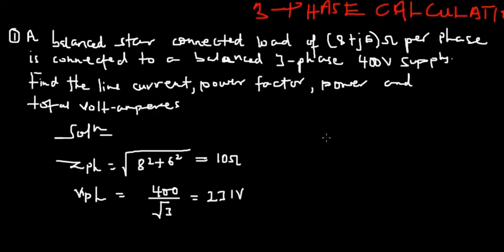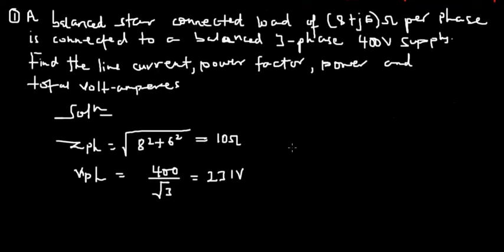Now for star connections, we know that V is equal to IZ. So most definitely we know that I is equal to V on Z. So the same thing applies over here. We have VPH on ZPH.